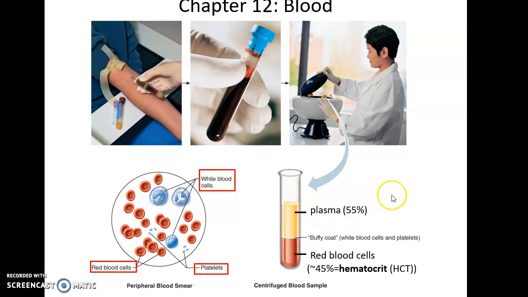Approximately 55% of whole blood is plasma, and the other 45% is red blood cells. The amount of your blood that is red blood cells is called the hematocrit. So expect your hematocrit to be around 45%.